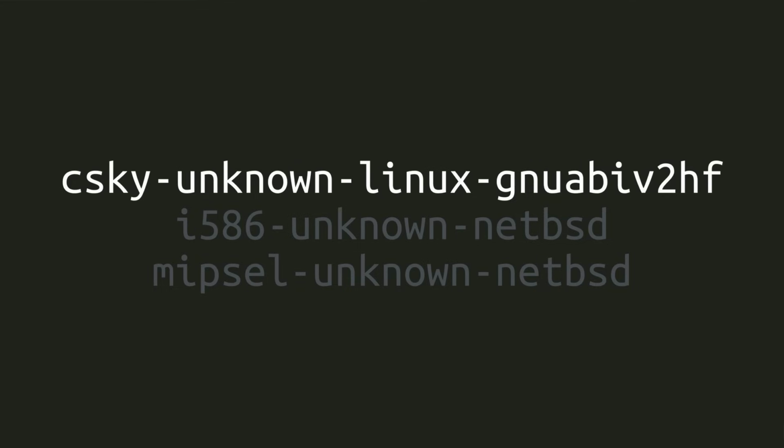Number 16. There are 3 new Tier 3 targets. The first is Linux on another Chinese C-SKY processor, only unlike the C-SKY platform introduced in Rust 1.73, this variant has a hardware floating point unit. Next, we've got a version of NetBSD aimed at the old AMD Geode embedded system on a chip that is instruction compatible with the venerable Intel Pentium.